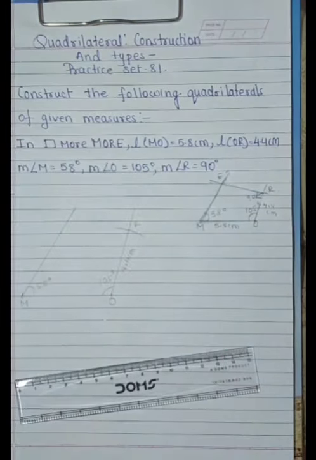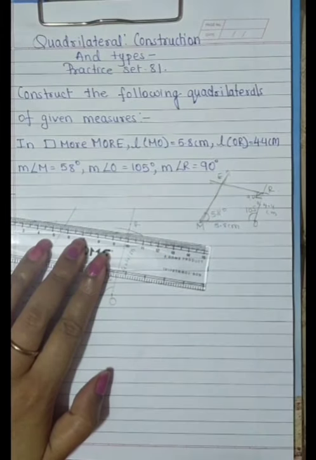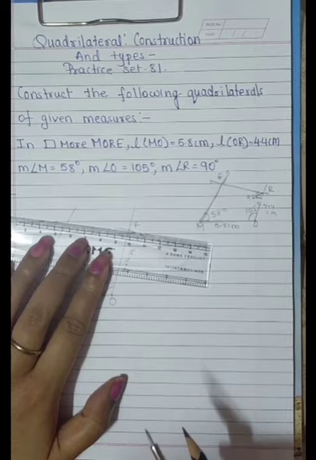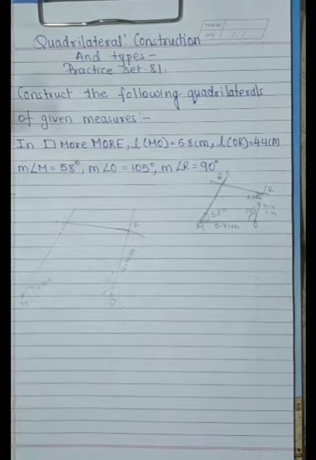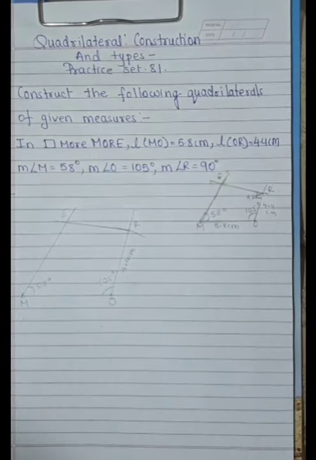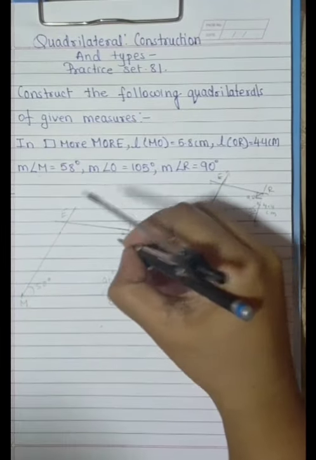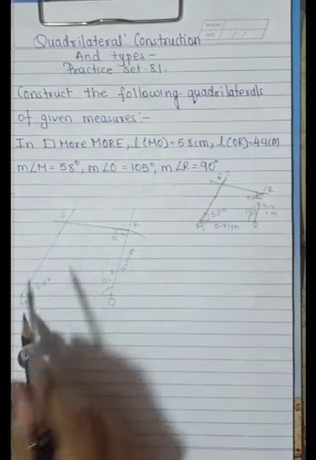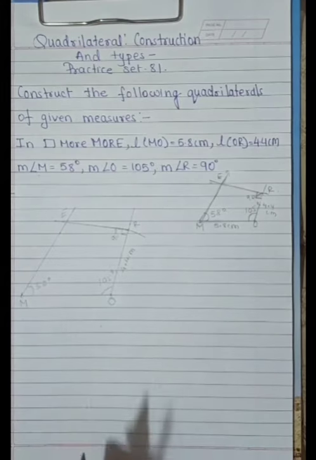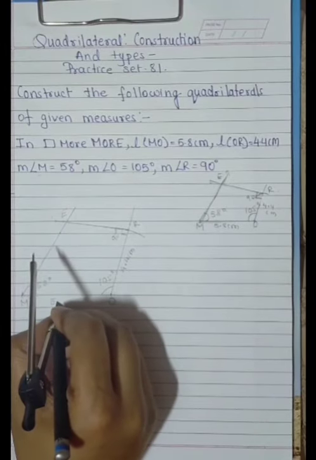So we are going to join here R E. So this is our E. This is the 90 degree angle. Now we have done the construction of quadrilateral MORE. I hope you understood. So I'm writing here 5.8 centimeter.